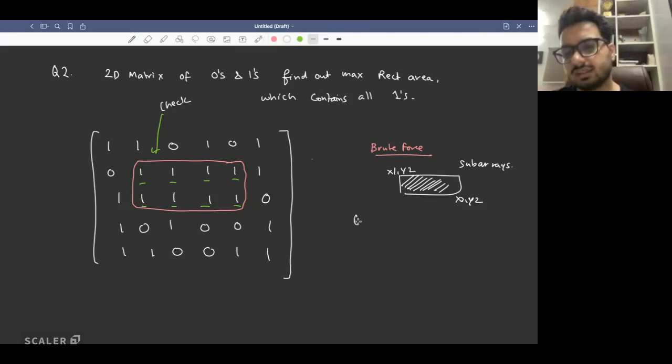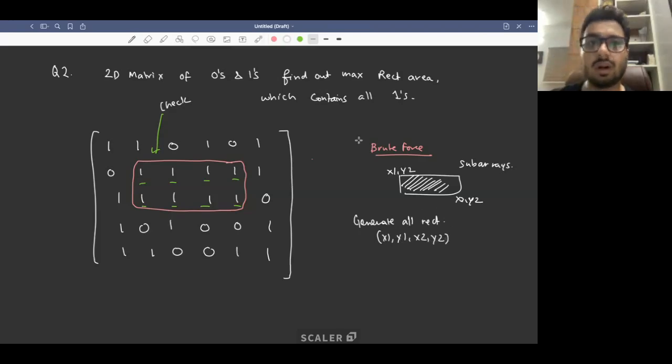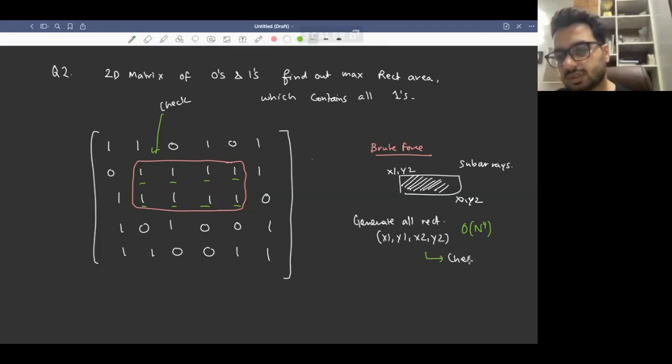So I'm saying that generate all rectangles. So each rectangle has a unique x1, y1, x2, y2. So generating all rectangles would mean you will take order of n4 time. Yes or no? You will need four nested loops. And checking will need two nested loops. So checking itself will take order of n square time, right?